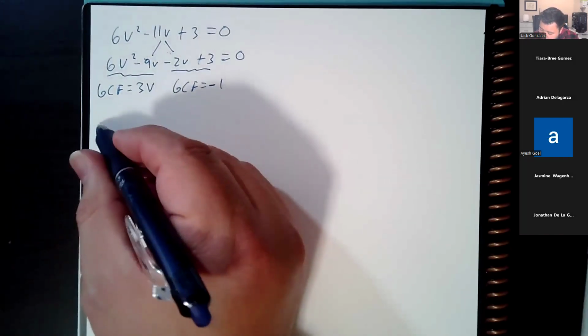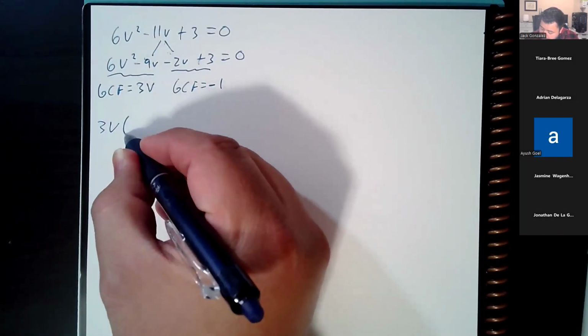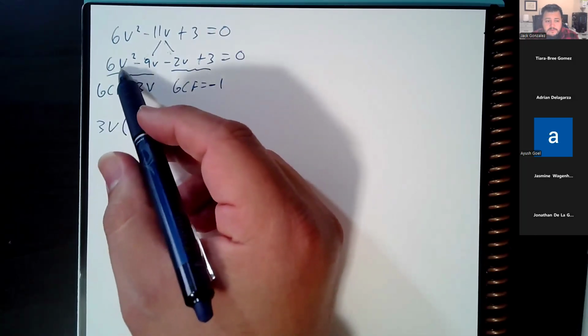So here we go. If I factor 3v from the first term, what do we get?